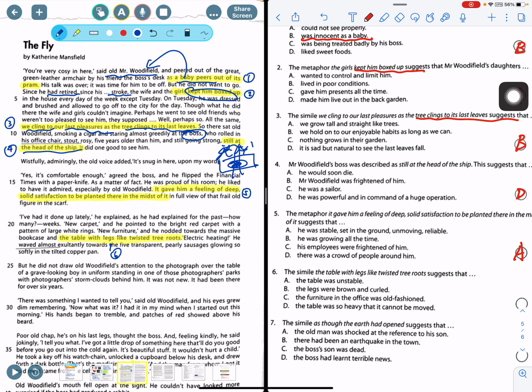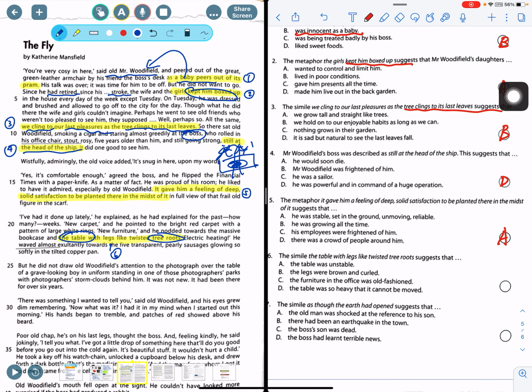The table with legs like twisted tree roots. What does it mean? So the table with legs like tree roots. You should understand table with tree roots. It should be very, very heavy, right? And so you have to remember, twisted tree roots doesn't just mean that the table has brown, twisted legs, but it should mean that the tree roots are super big, super stable, and cannot be moved.